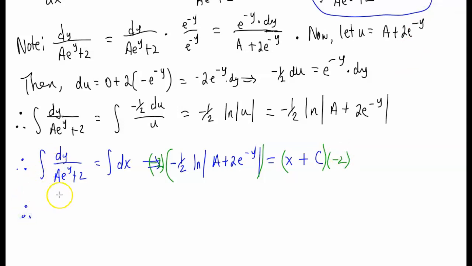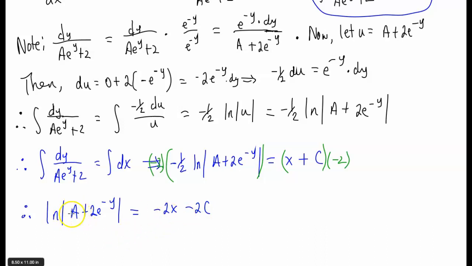If I do that, then this will just give me natural log absolute value, all the stuff here on the inside. And here I will just have -2x minus 2c.